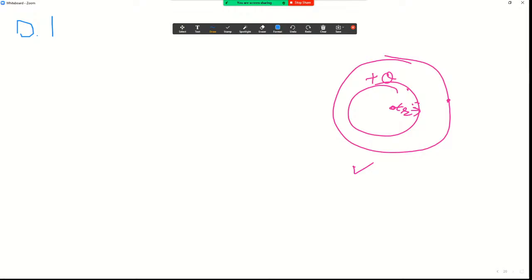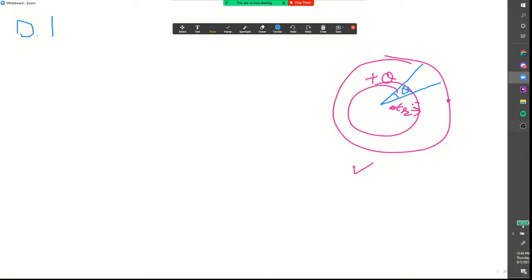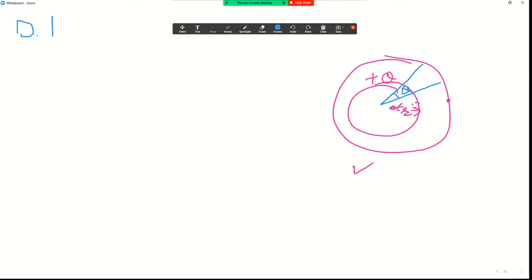I guess we can just try integrating. So like you can consider some element like this. So this is theta. Wait.